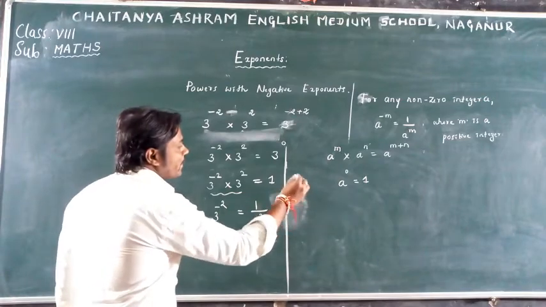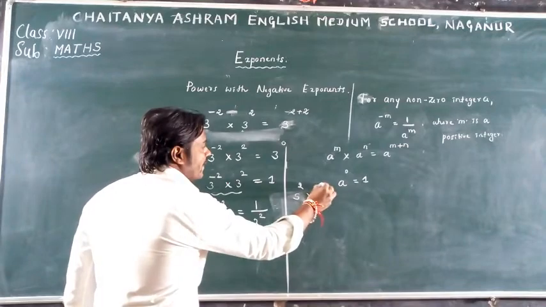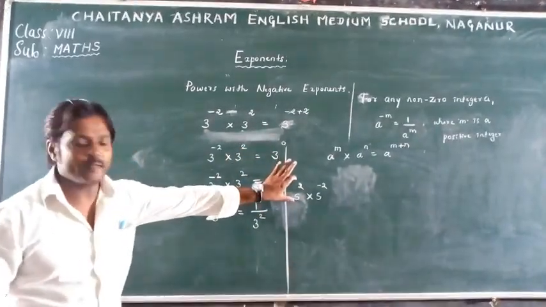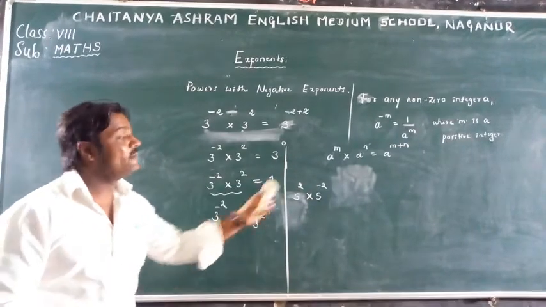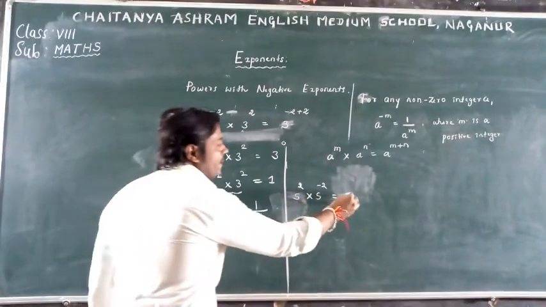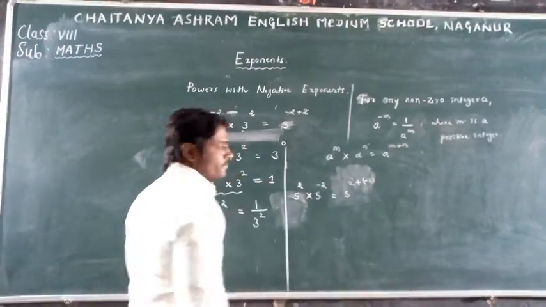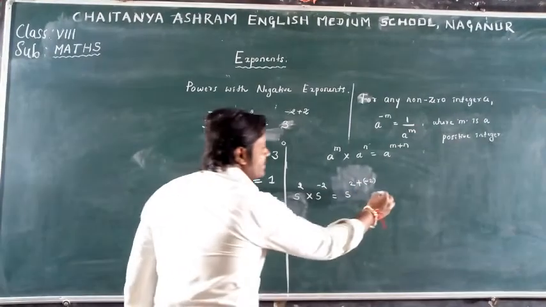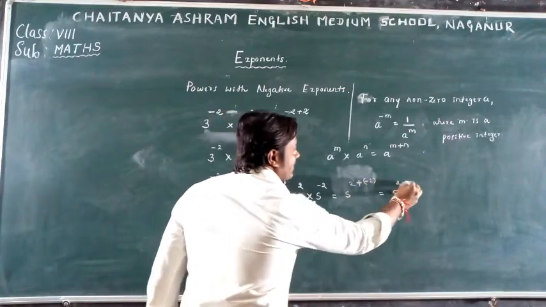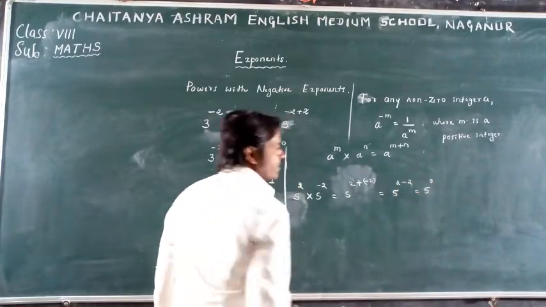Consider 5 to the power 2 into 5 to the power minus 2. One is a positive exponent, another is a negative exponent. What is their product? By using the first law, their product will be 5 to the power 2 plus minus 2, which is 5 to the power 2 minus 2, that is 5 to the power 0.